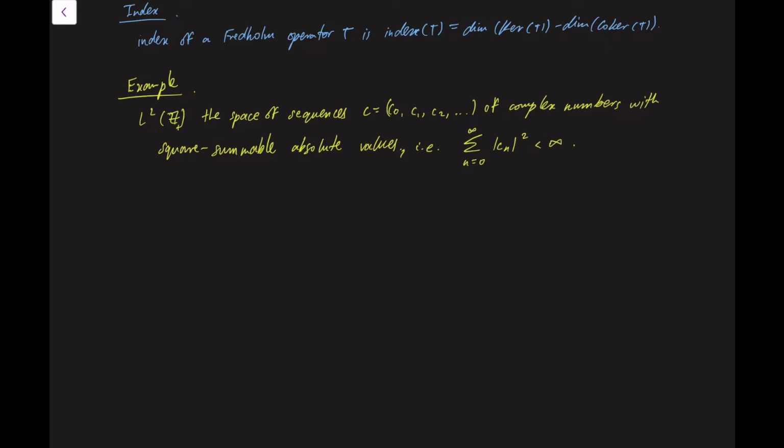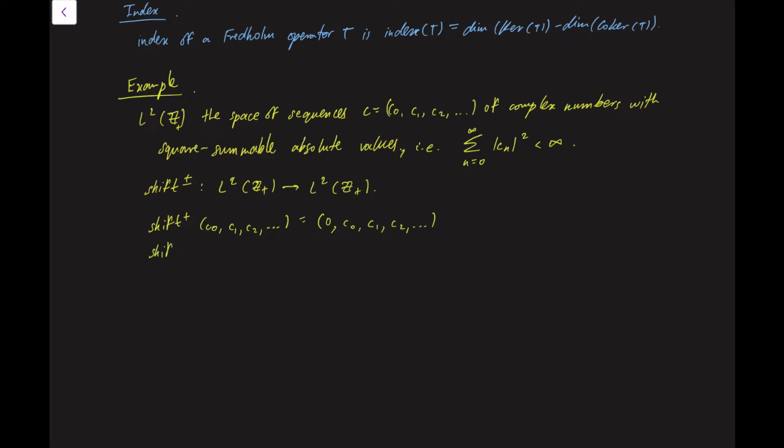On this space, so this is a Hilbert space, and on this space we can define two operators. We call them shift plus and shift minus. And we define them such that the shift plus operator takes a sequence and shifts it one spot to the right, and in the 0th position it places a 0.